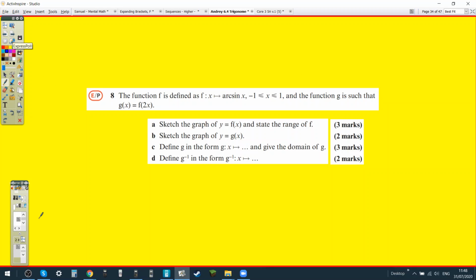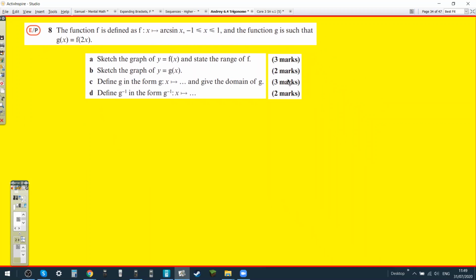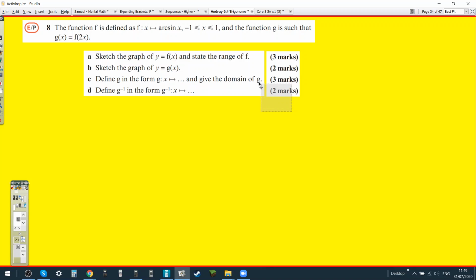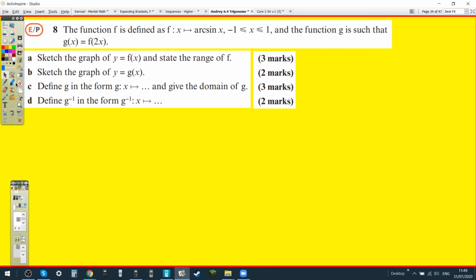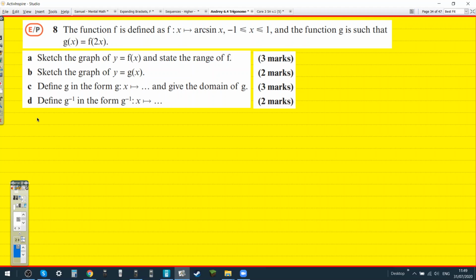Okay. We're getting real. Have you seen this notation before? Does that just mean function? It just means function. So it means f such that x maps onto, if memory serves. Okay, A. Sketch the graph of.